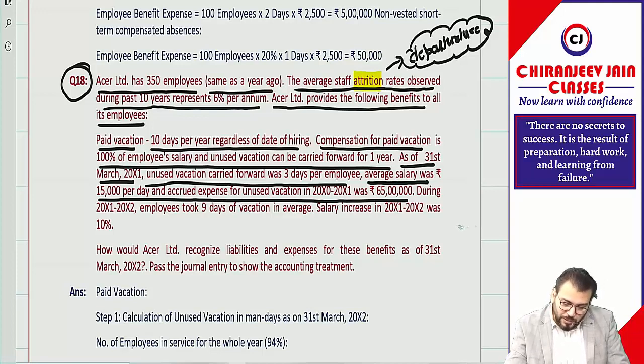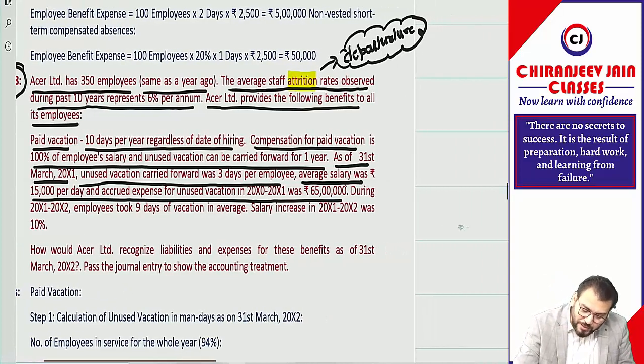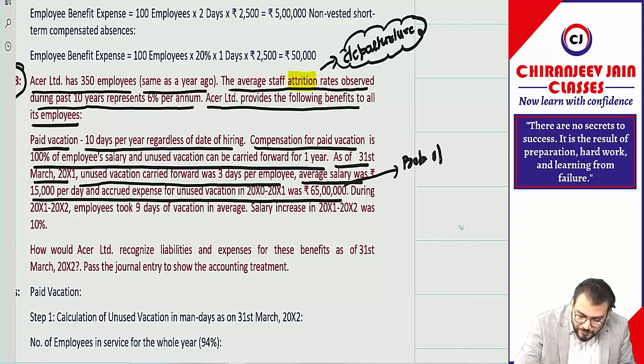It should be 350 into 3 days into 15,000. It is coming actually to 1 crore 57 lakh 50,000. But they have given 65 lakh. Can you see, it is based on probability of availment. We need to understand this is based on probability of availment.